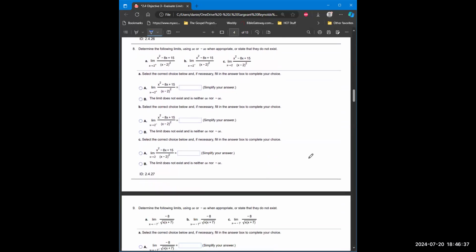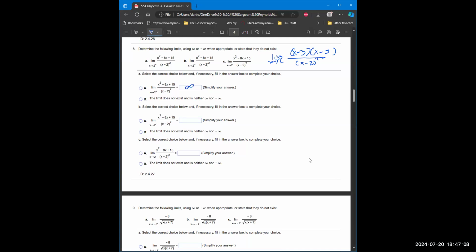For number 8, if I factor that numerator, I'm going to get x minus 3, x minus 5, over x minus 2 squared. The limit as x approaches 2, from the left or from the right. So as I come from the right, positive, positive, positive is positive.